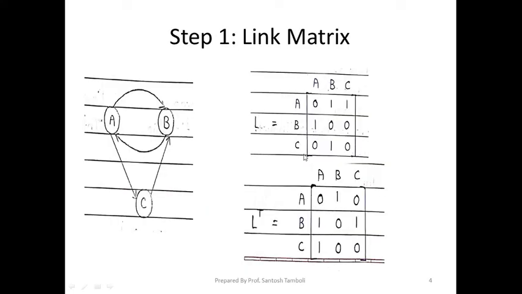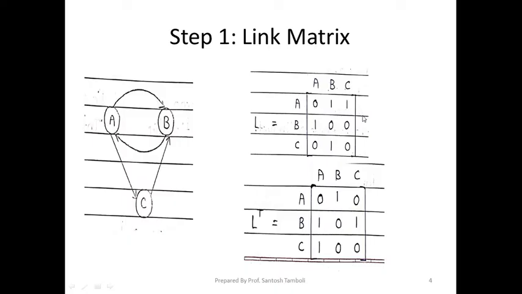Now your first step is to create the link matrix. Since there are three web pages, we create a 3 by 3 matrix, that is, L is equal to this 3 by 3 matrix.